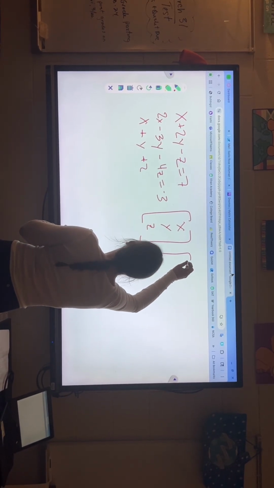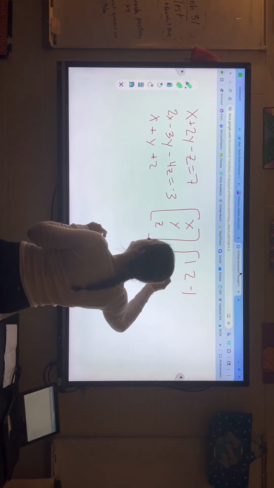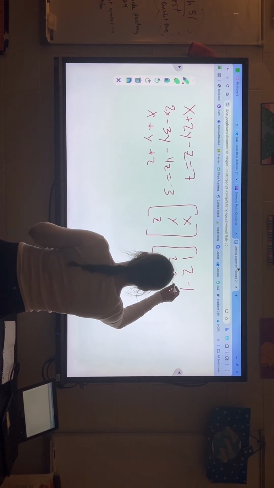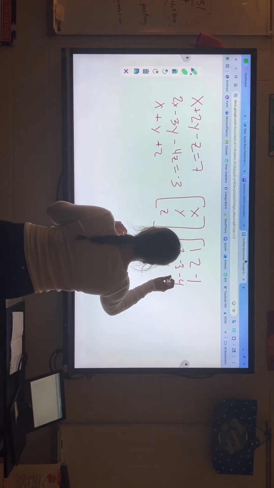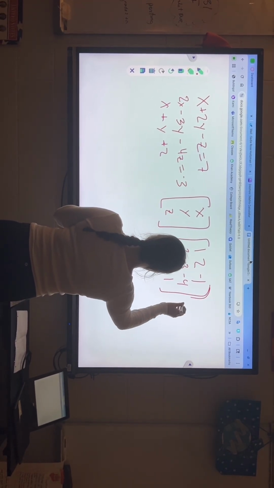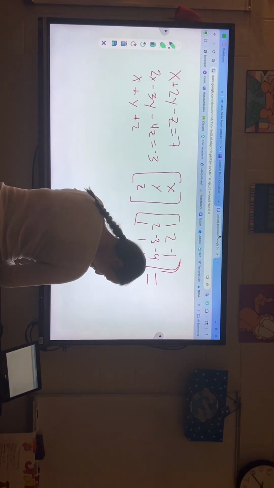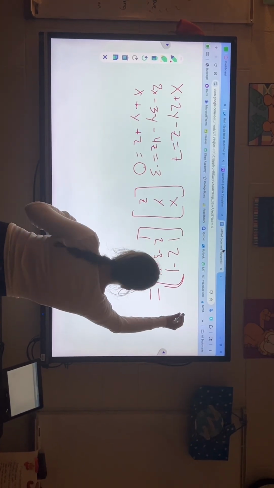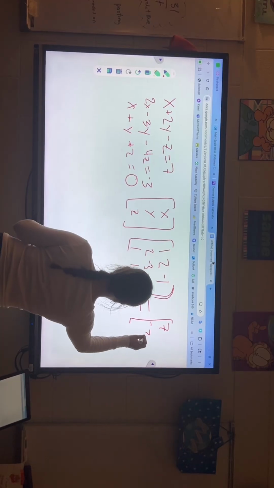So 1, 2, -1, 2, -3, -4, 1, 1, 1. This equals the things on the right side, so we're going to have 7, -3, and 0.